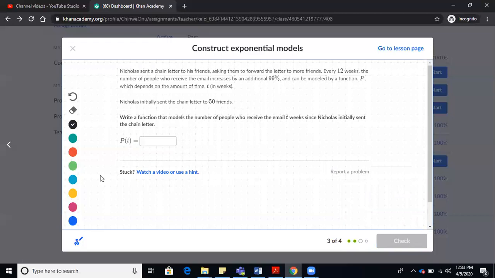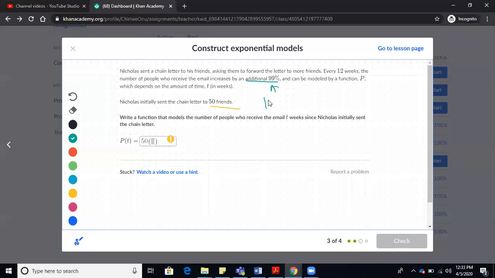Here we're starting out with 50 friends, a chain letter to 50 friends. So I'm gonna do 50, do my parentheses. And here it tells me an addition of 99%. Since it told me an addition of 99%, once it tells you addition, you want to add that to 1, okay?